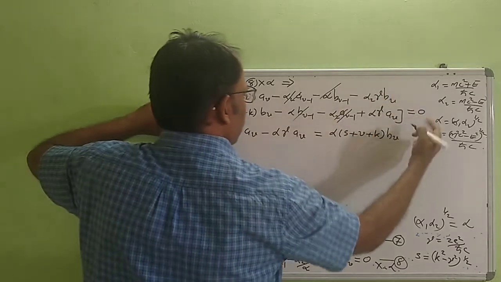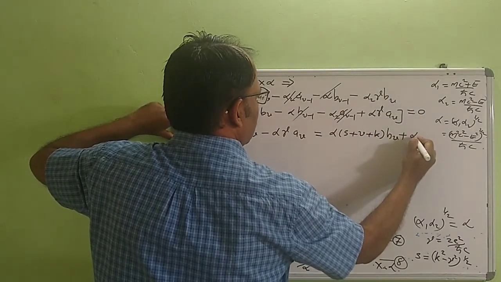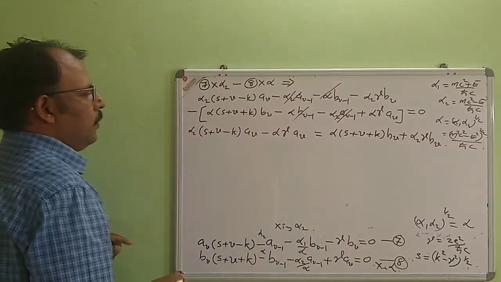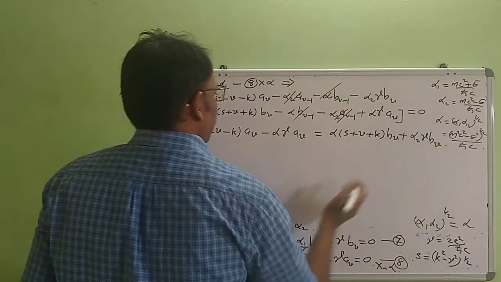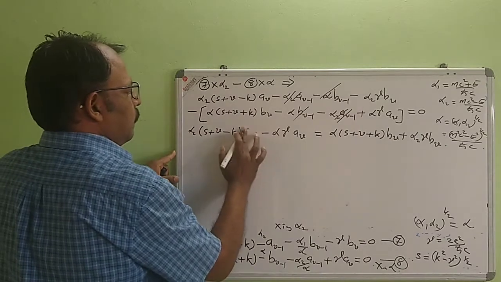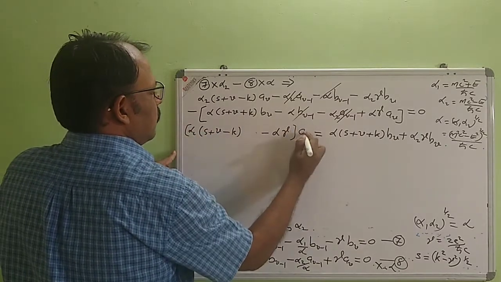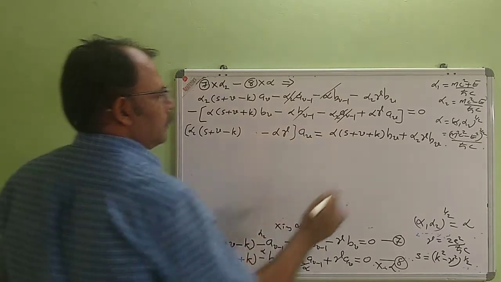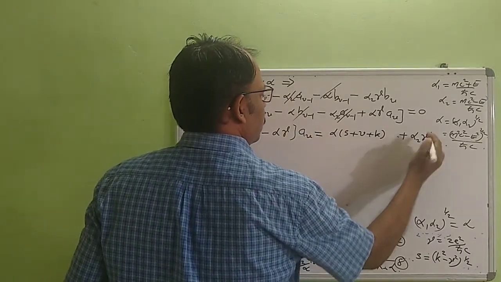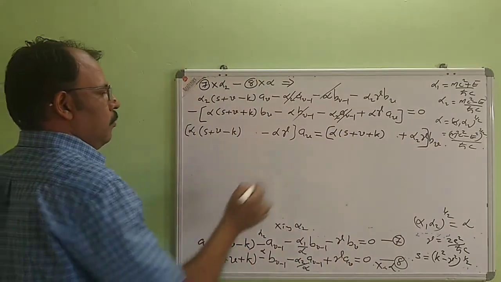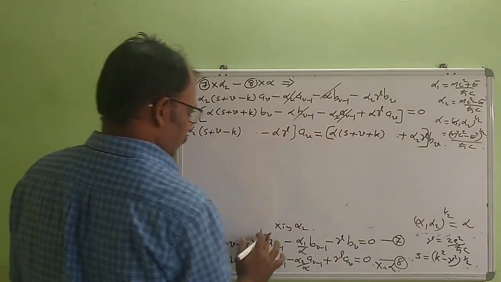Now take this term to the right hand side, then it is plus alpha 2 gamma BV. Now take AV common from these two terms, and BV common from these two terms.